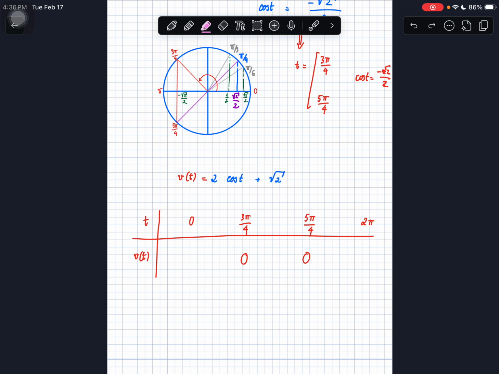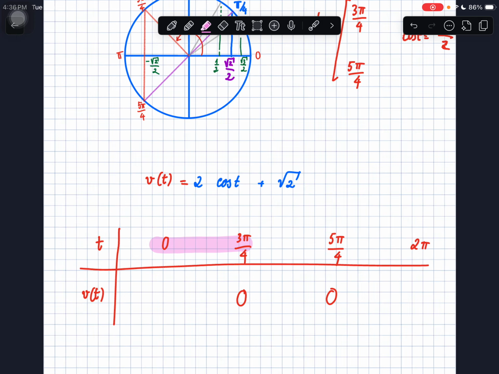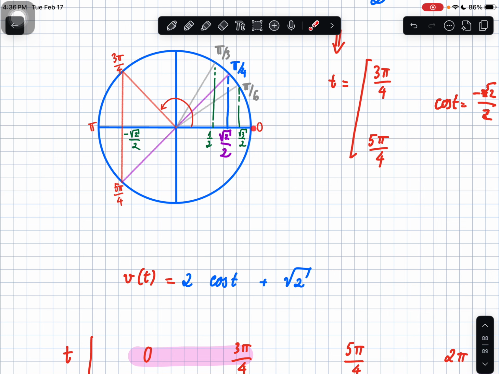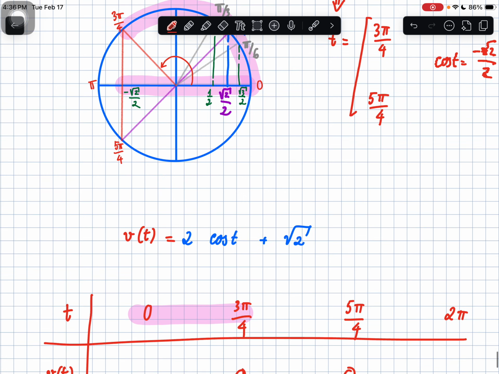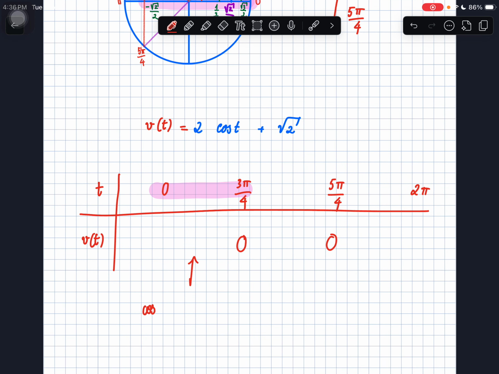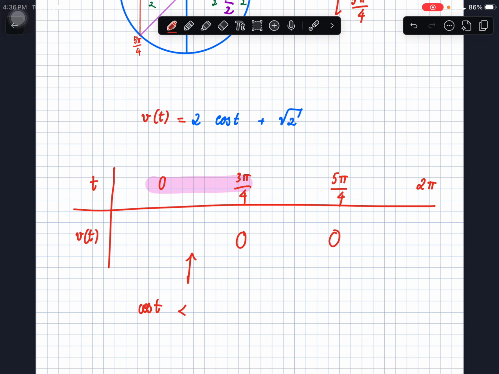For t between 0 and 3 pi over 4, the angle goes from here to here, so cosine will go from 1 decreasing to minus root 2 over 2. Cosine t is less than 1 and bigger than minus root 2 over 2.